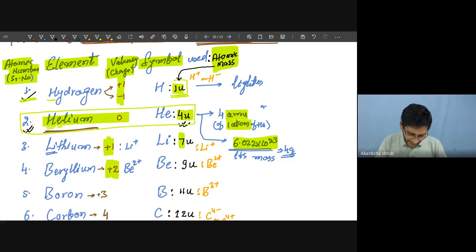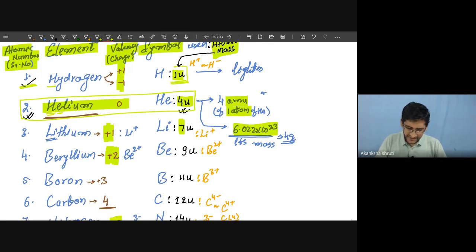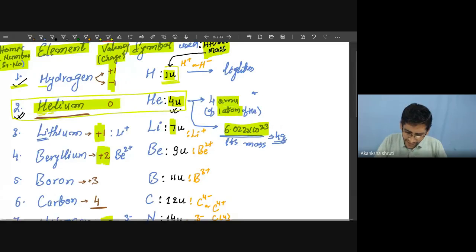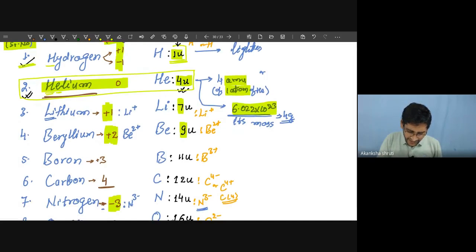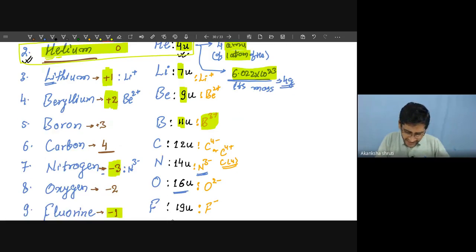Okay. For beryllium, the ion is +2, meaning +2 valency, and the mass is 9. Okay, it is this one. Boron +3 valency, so boron will be represented by B3+ and mass is 11. Okay, student. Coming to carbon, very important.